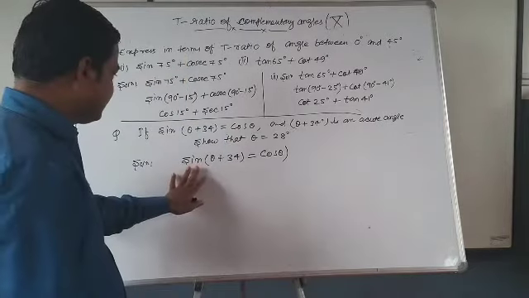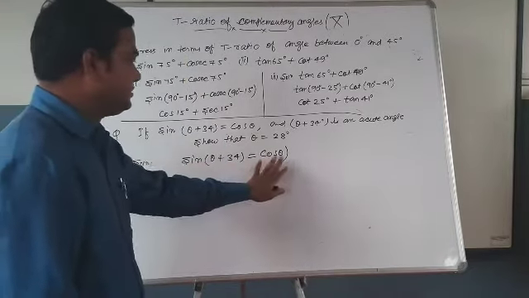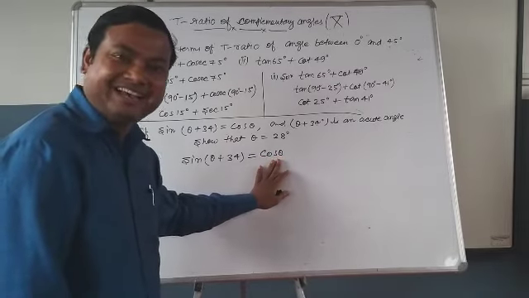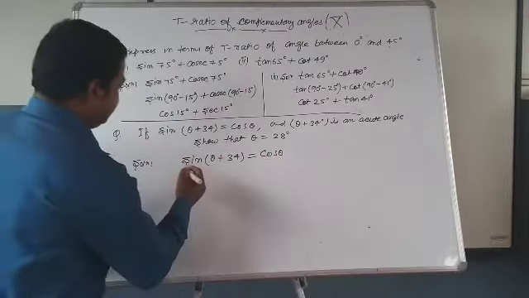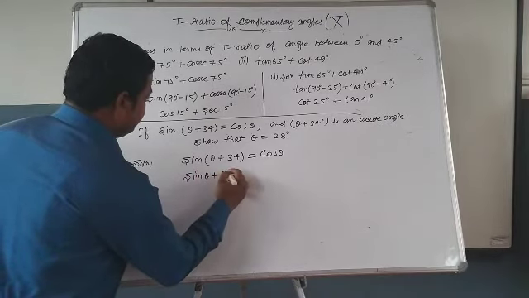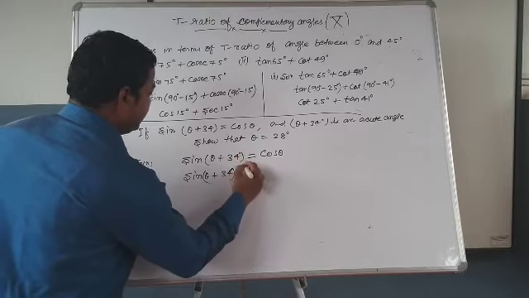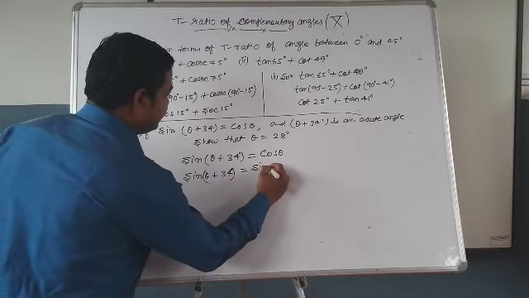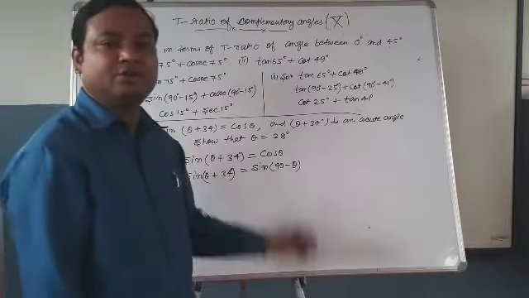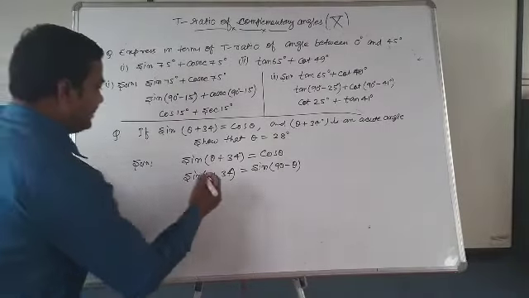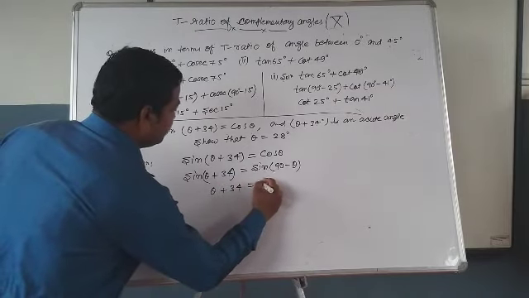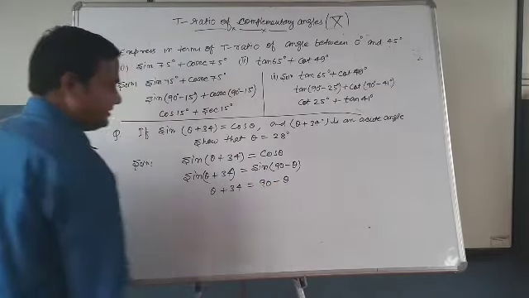Now look, sin (theta plus 34) equals cos theta. Cos theta should be written as sin (90 minus theta), since sin (90 minus theta) equals cos theta. So sin (theta plus 34 degrees) equals sin (90 minus theta). Now sin cancels on both sides: theta plus 34 equals 90 minus theta.